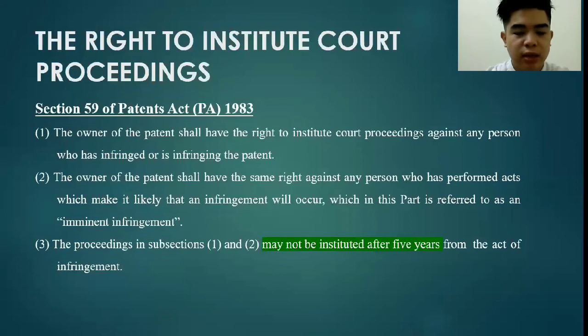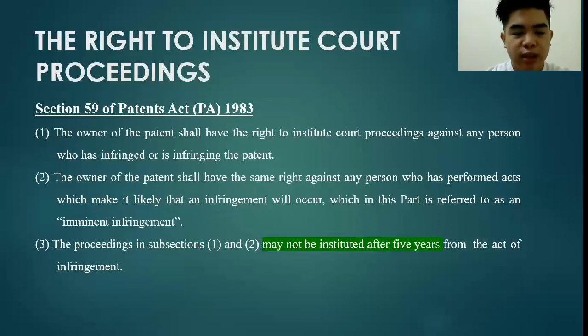This means that the owner has the right to sue the infringing parties and to stop them from infringing, as well as to claim compensation for such unauthorized use.